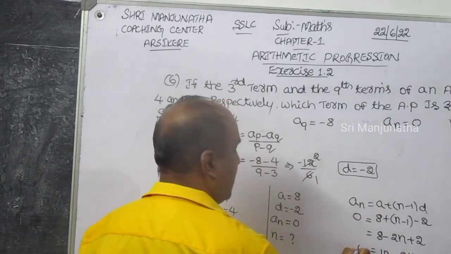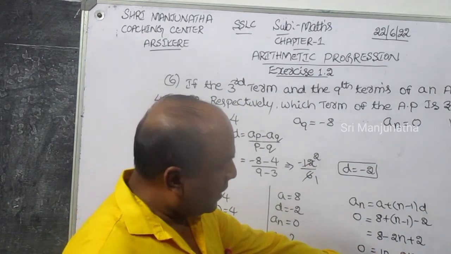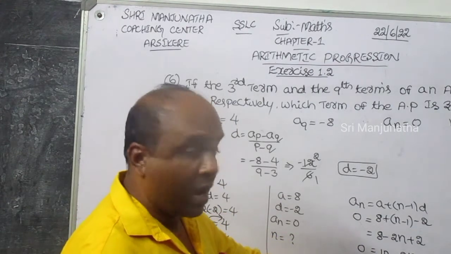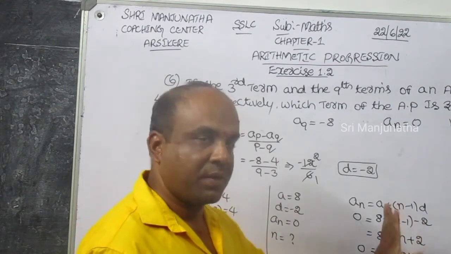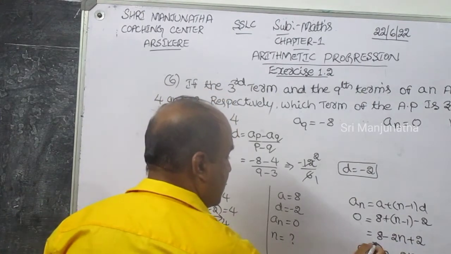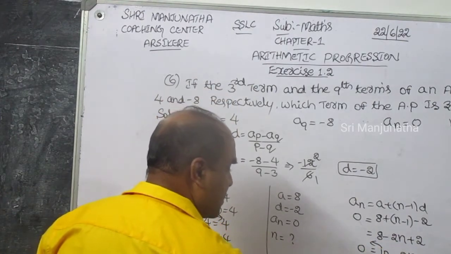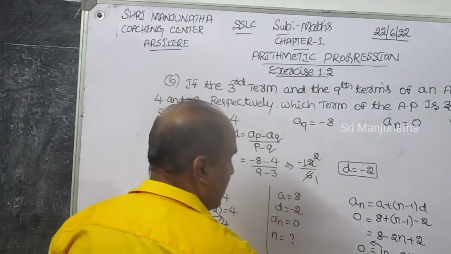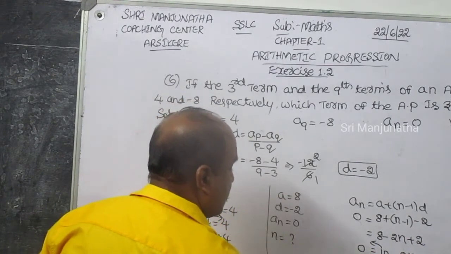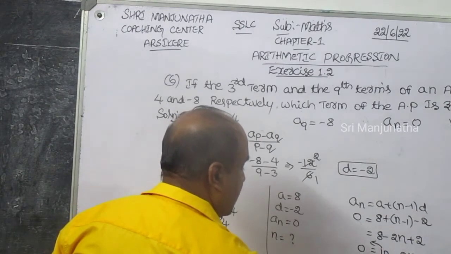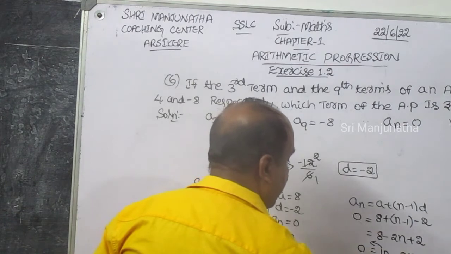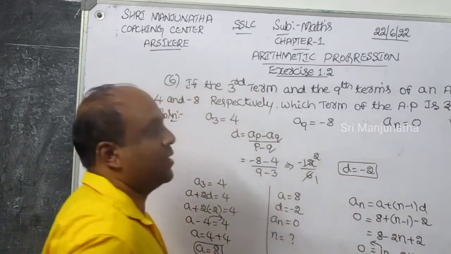Write it similarly because one is a variable and the other is a number, so don't add or subtract them; they can be separated. Plus 10 comes to this side and the sign changes. Minus 10 is equal to minus 2n. Then n equals minus 10 by minus 2. 2 ones are 2, 2 fives are 10. n equals 5 is the correct answer.